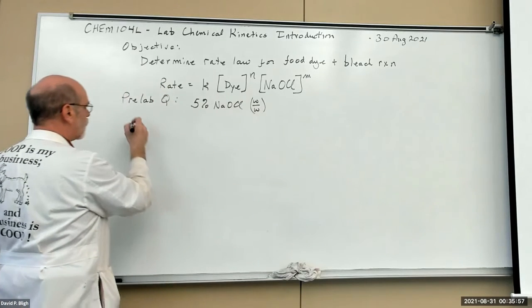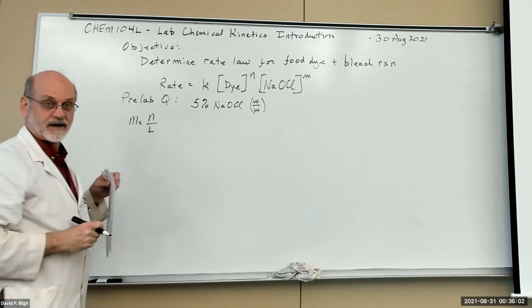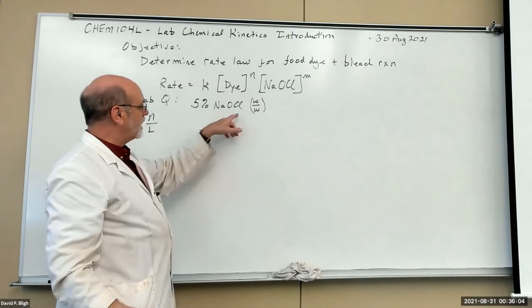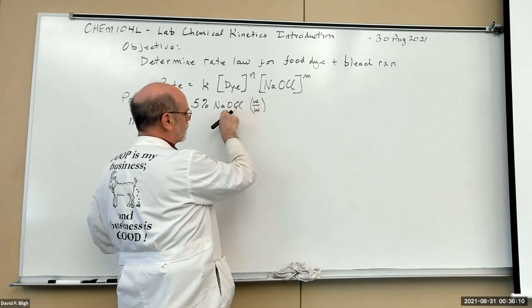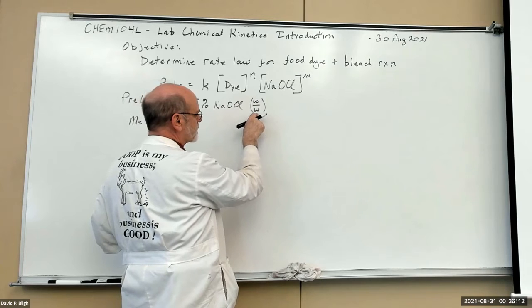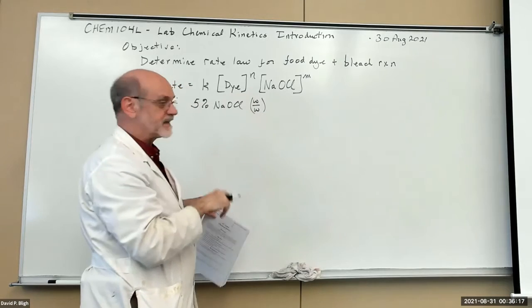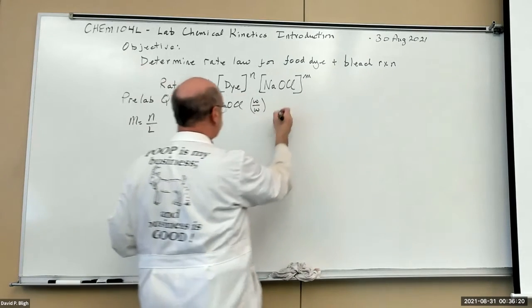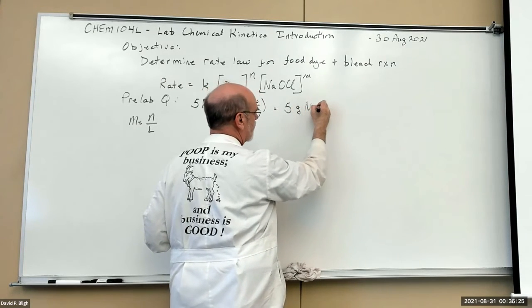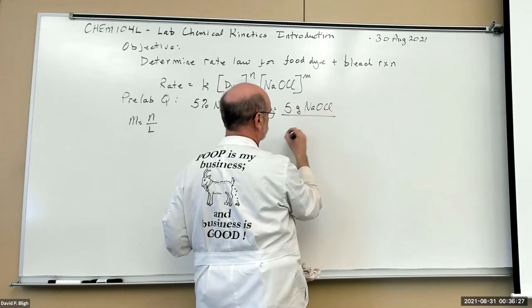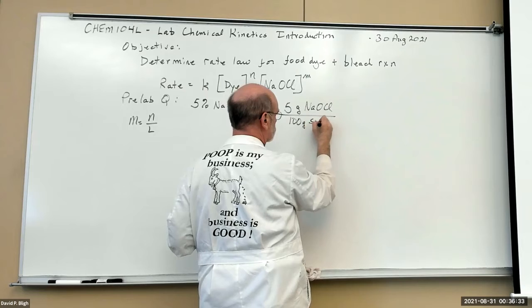Well, think about what is molarity. It's moles per liter, right? So we need volume in here. This is the mass of sodium hypochlorite. This is the mass of the solution. That's where the density comes in. So 5% equals 5 grams of sodium hypochlorite per 100 grams of solution.